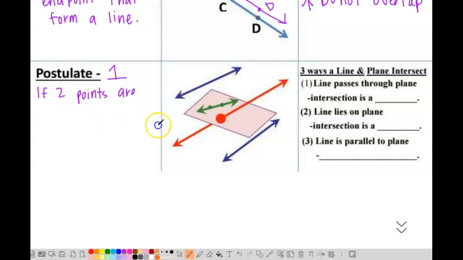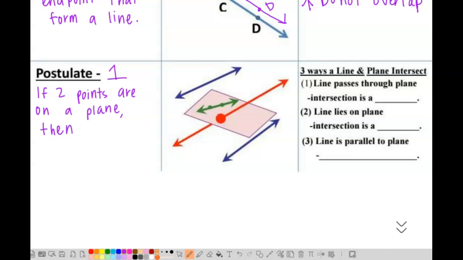Postulate number 1 states that if 2 points are on a plane, then, before I keep going, what did 2 points create? A line. Okay? Any 2 points in space create a line. So, that kind of goes with this.